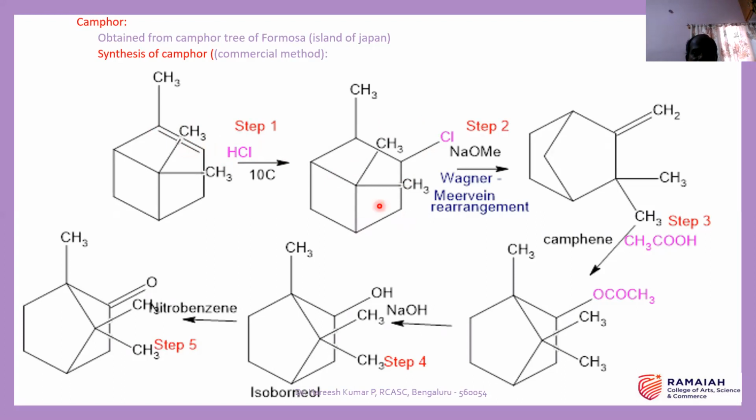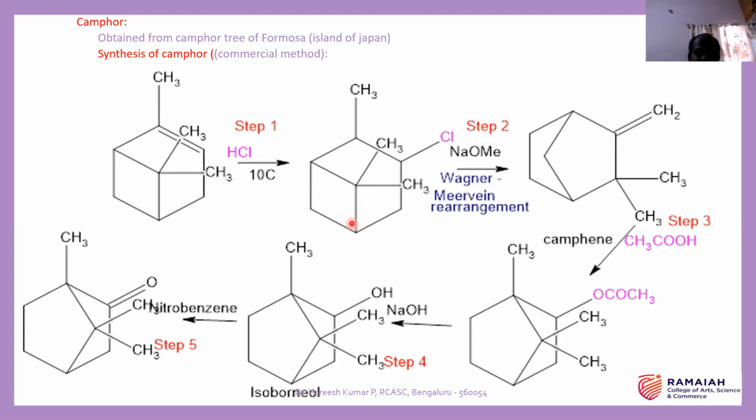That's what you can observe in the product, but actually it involves an intermediate called camphene. I will tell that later. At this moment, you just observe that it's an addition reaction. So the proton will add here, and Cl minus will add to this carbon.